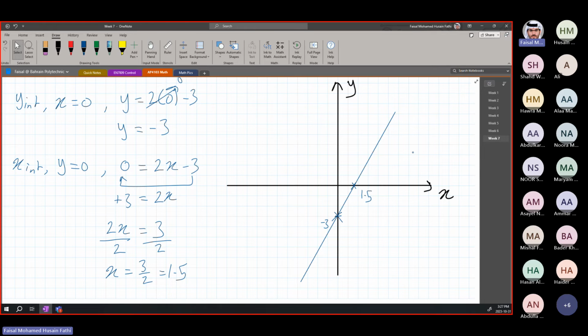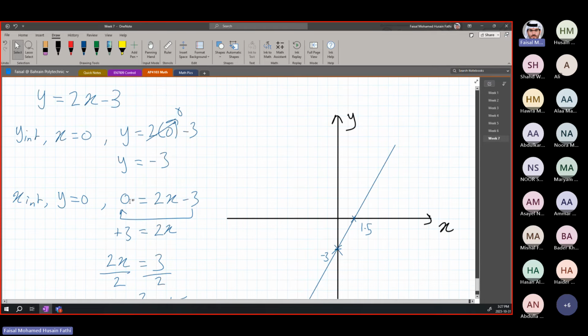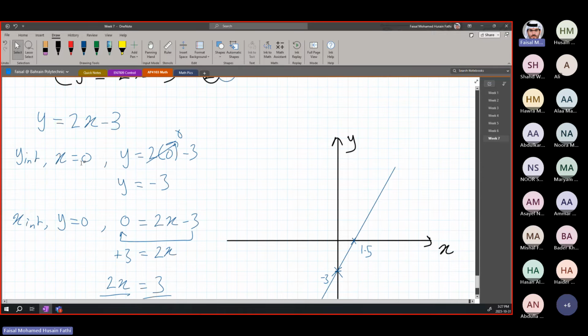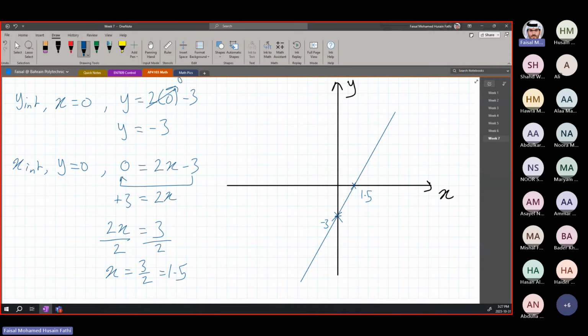You want me to repeat the x-intercept? Okay. I'll repeat the x-intercept. The equation is y is equal to 2x minus 3. X-intercept means y is equal to 0. So 0 is equal to 2x minus 3. We need to solve this equation and find x.